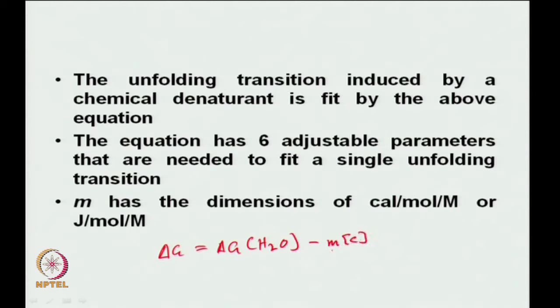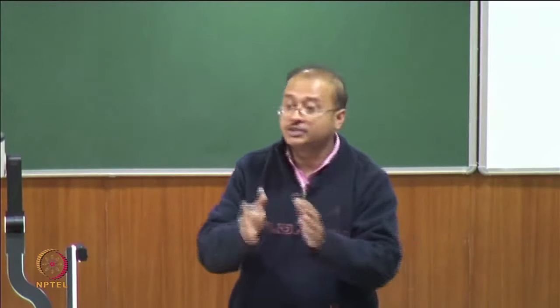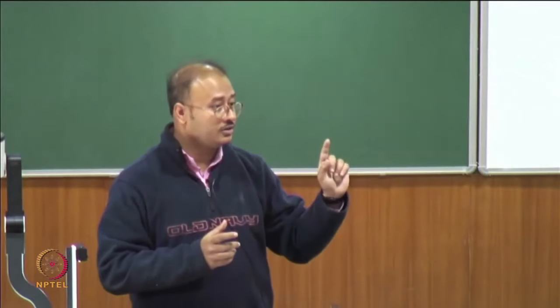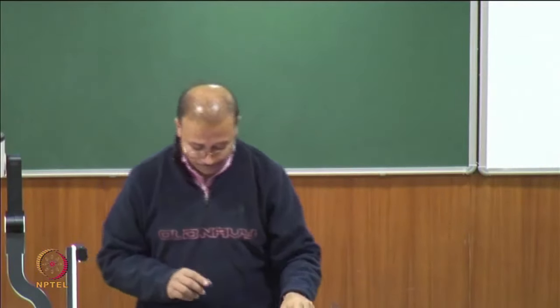So, if I take the value of m, the unit of m will essentially be delta G minus delta G H2O over concentration C. I told you we are always talking about molar free energy change. So, it is calories per mole or some energy unit per mole, and then you also have C. So, it is change in free energy per mole per molar concentration of denaturant. Is it clear? It is very important. Okay.